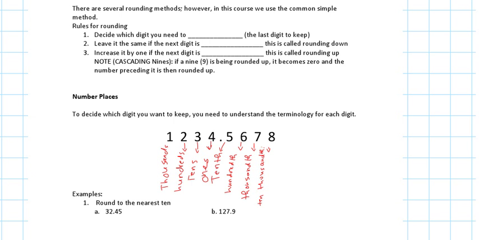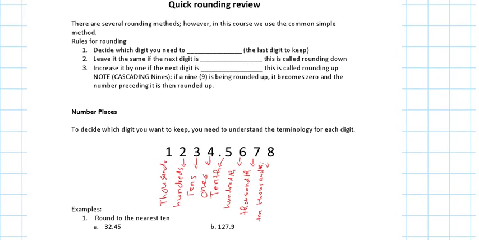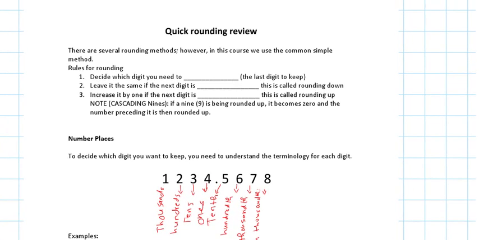When you're rounding, first you're going to have to decide which digit you need to round to, the last digit that you want to keep. Leave it the same if the next digit is less than 5.